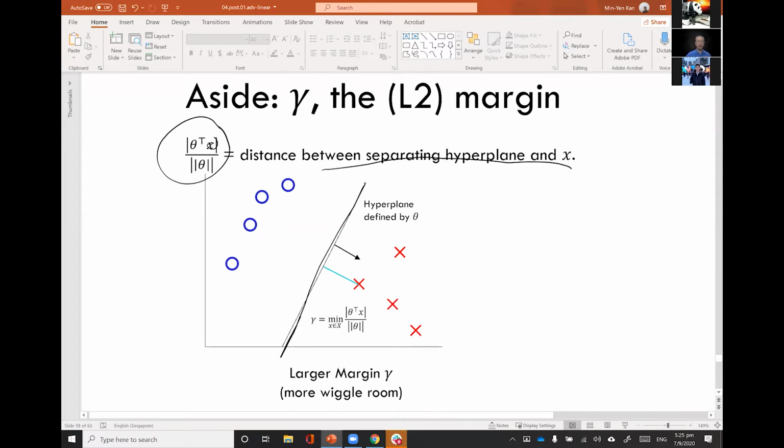So what we're doing here is defining this gamma, and this gamma is telling us the length of this line segment, which in this week's lecture we talked about in the idea of an SVM. And the SVM is really, really cool.